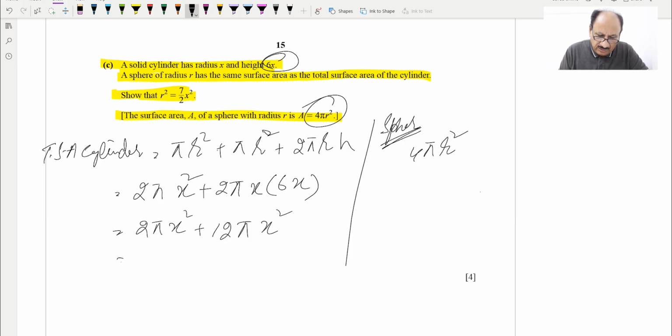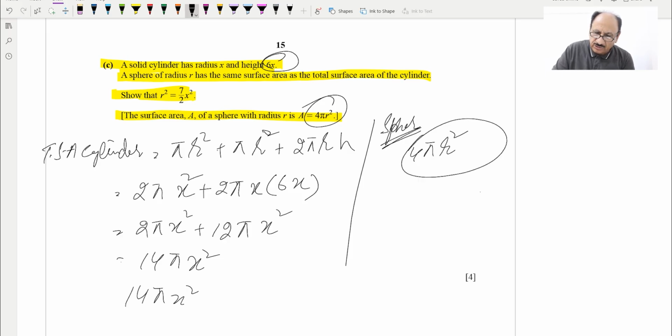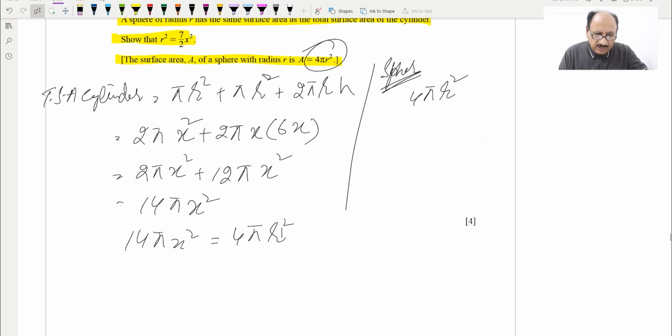So we can rewrite this as 14 pi x square. So 14 pi x square is equal to 4 pi r square. So we can cancel pi first, and then we can write 4r square is equal to 14x square.